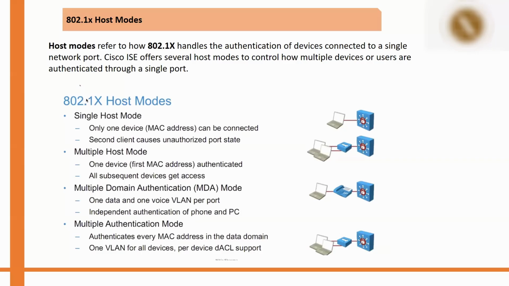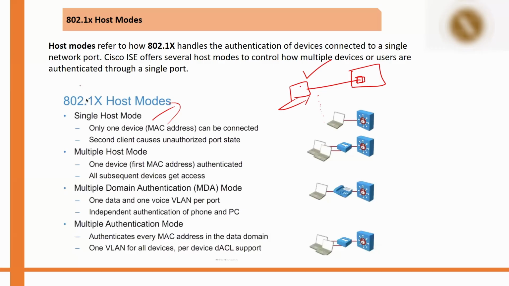If a device is connecting to a switch port, a supplicant is going to connect. Only that particular device has to be connected to that port. No other devices are authorized to connect. That is what the single host mode is. Multiple host mode is where the first device gets authenticated, and the subsequent devices do not need to be authenticated.